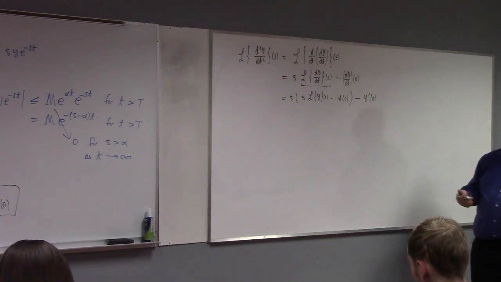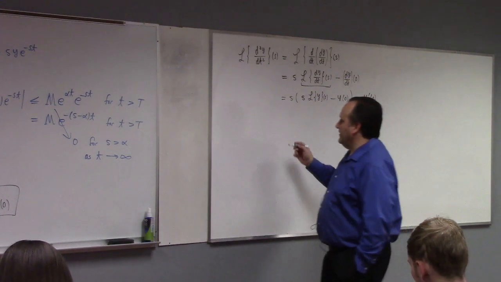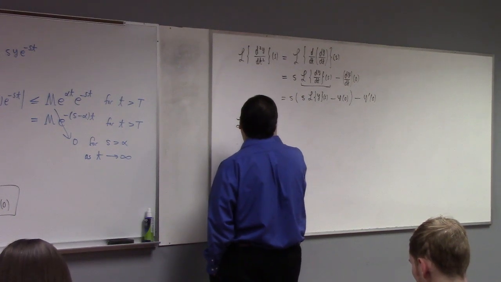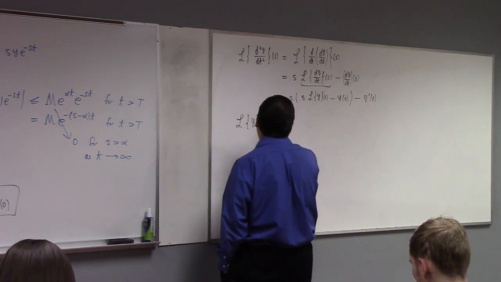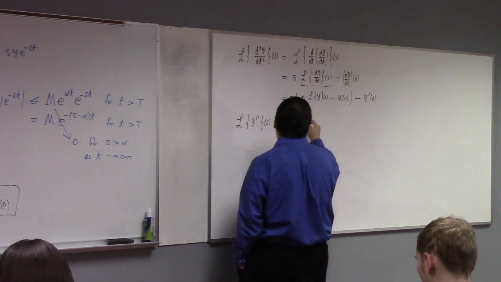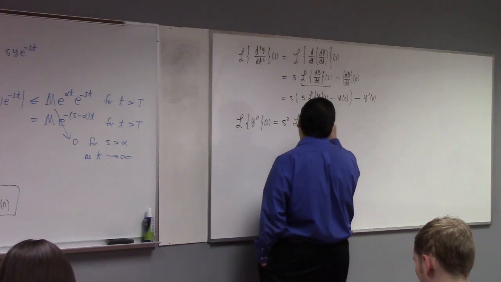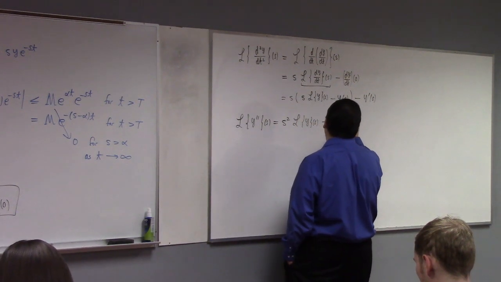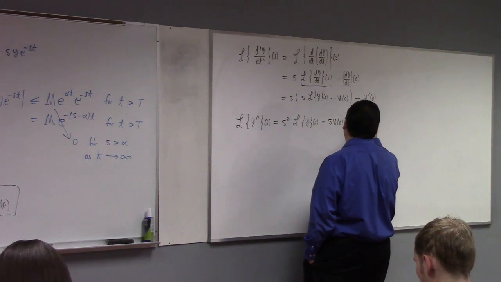So let's clean it up. What we have just derived is the following result. The Laplace transform of y double prime is equal to s squared times the Laplace transform of y of s, minus, check this out, s times y of 0 minus y prime of 0.